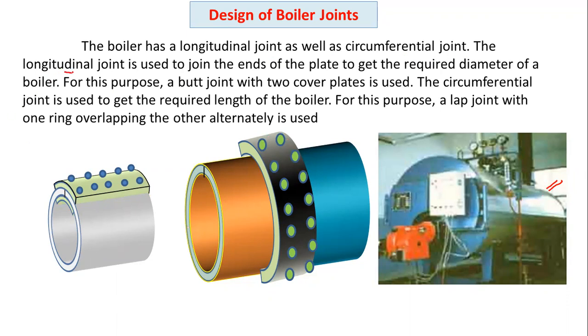The longitudinal joint is used to join the ends of the plate to get the required diameter. So this is the diameter of the boiler. To get the required diameter of the boiler, we are using a longitudinal joint to join the ends. You can observe this is the end of the plate.